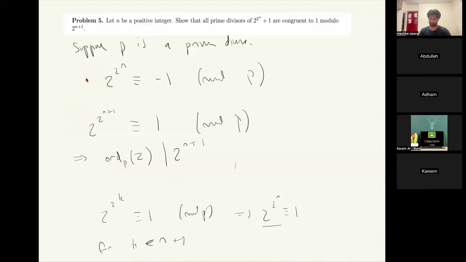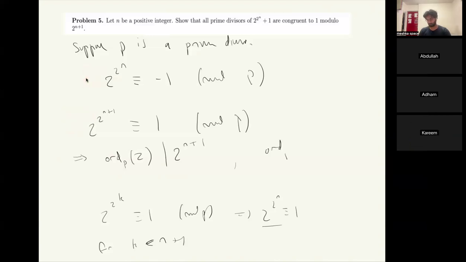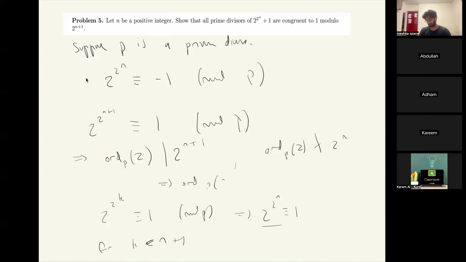This one told us that the order does not divide 2 to the n, because I took the 2 to the n power and didn't get 1. So the order divides 2 to the n plus 1 but not 2 to the n. Together they tell us that the order is exactly 2 to the n plus 1. Does it make sense?